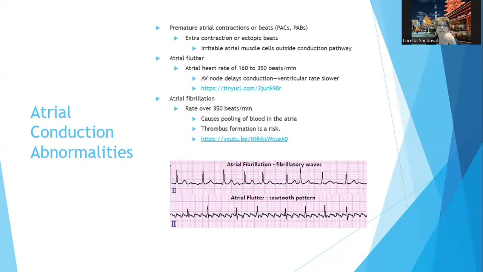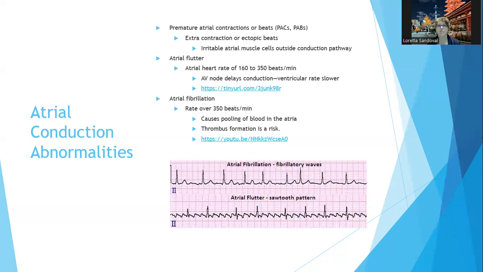It causes a problem because the atria are going too fast and they're not filling enough to fill up the ventricles. So it's going to slow down and decrease your cardiac output. There are videos in the PowerPoints that you can watch that show atrial flutter and atrial fibrillation. We'll watch them in class.